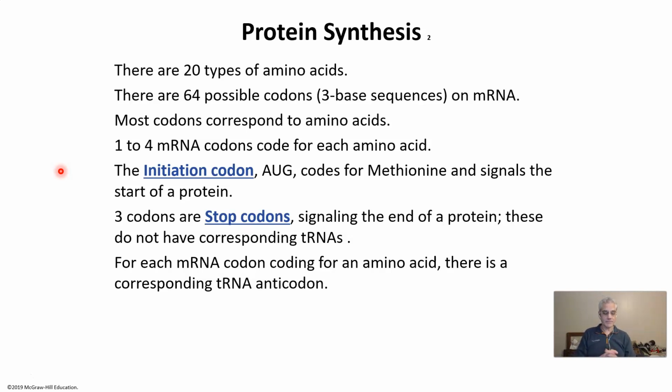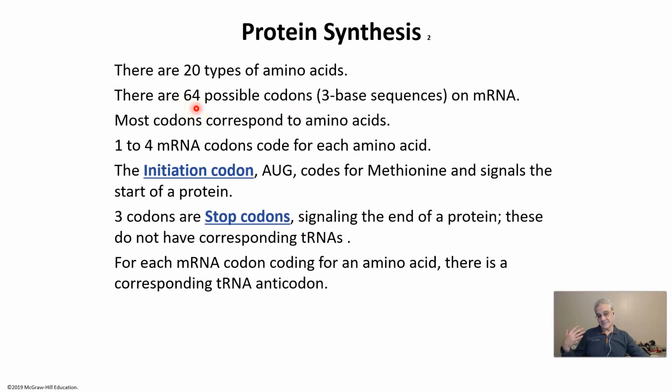It works great. With a 3-base sequence, if you do the math, we won't do the math here, but it turns out that you have 64 unique possible codons. So these 3 bases in a row can be rearranged in different ways up to 64 times. If you have 64 possible codons and each codon codes for a single amino acid, you would say, well, geez, I should have 64 amino acids.